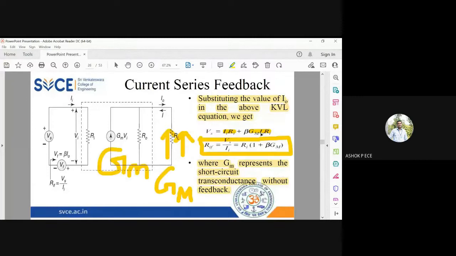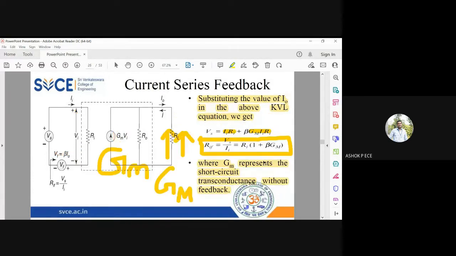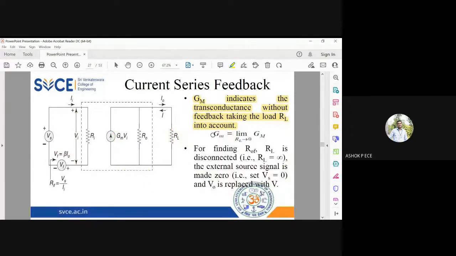That we have found out in this expression. Put RL equal to 0. So gm into R naught by R naught will get cancelled. So capital GM will be equal to small gm. And you should clearly know the significance of small gm and capital GM. You should know what each notation denotes.